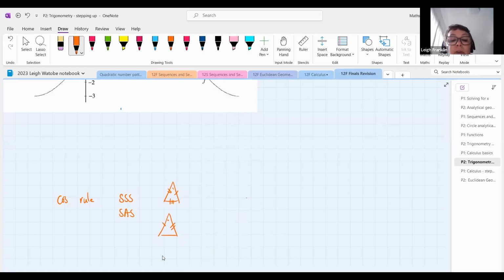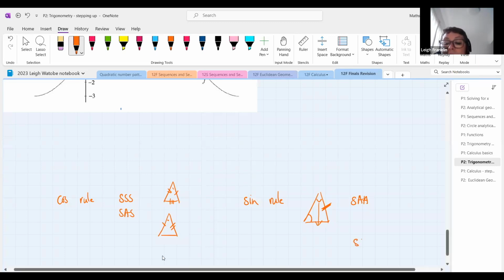Your sine rule gets used when you have a side and an angle, and then you can have another angle, for example. So this would be side, angle, angle. With the sine rule, if you have got this side and the angle opposite and you've got that angle, you can only work out the length of the side over here.